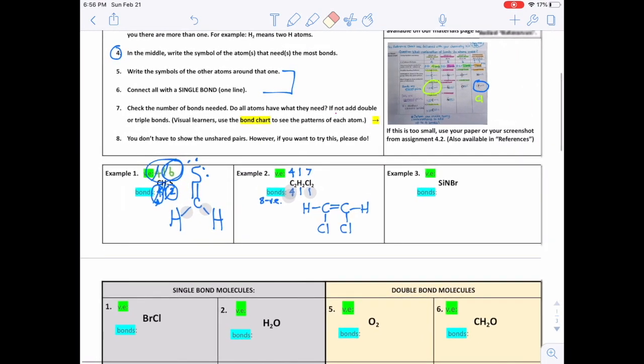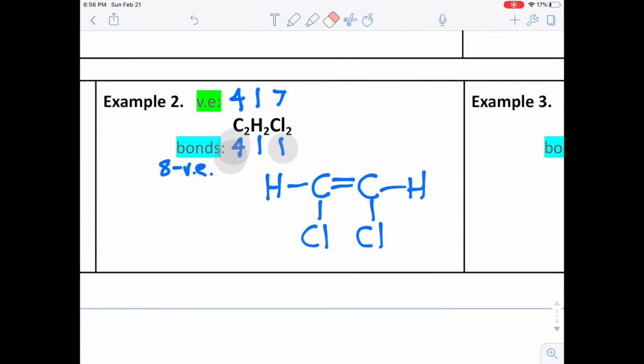Now let's think about the unshared pairs. You don't have to show them, but again, if we compare our bonds to our valence electrons here, compare the top to the bottom here, when they're the same, like 4 and 4, that means all 4 of the valence electrons of that carbon are in the bonds, because each bond has to have 1 from that carbon.